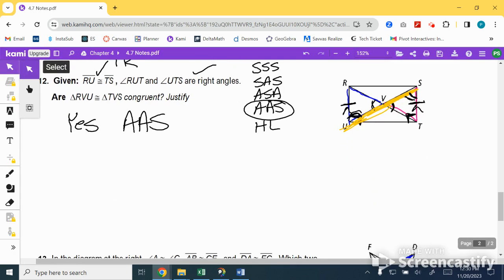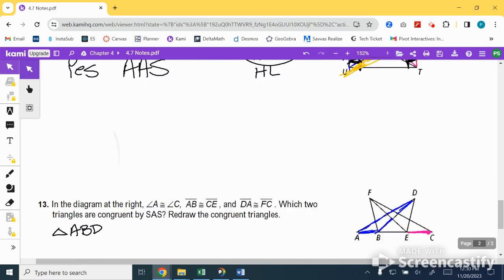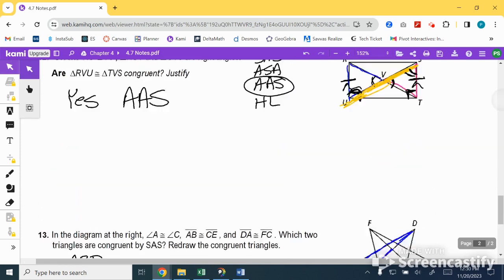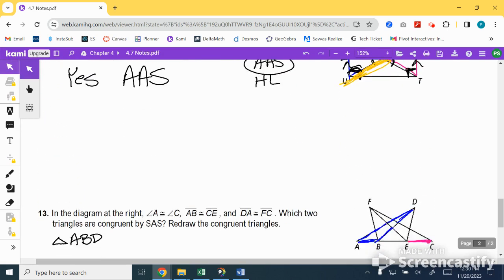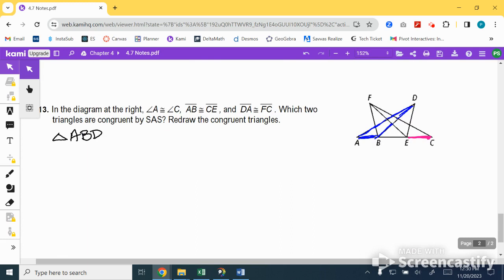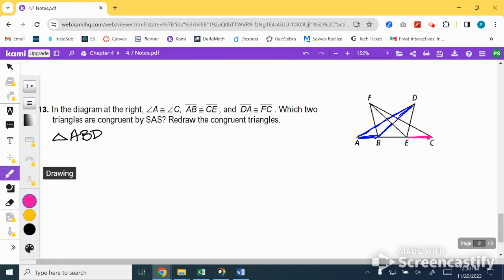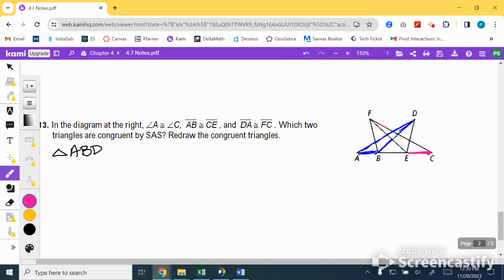I'm having a real hard time with this. So what am I looking for? FC. See if I can do this. Right there. And then we have FE. So there's my two triangles, one in pink, one in blue.